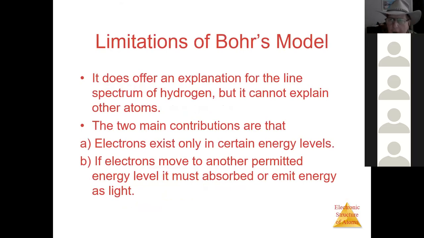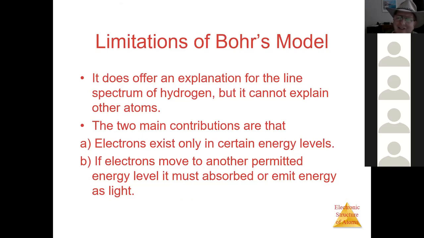Now, Bohr's model worked well for about 2 years. Then they started to see that this doesn't really work. For one thing, he could only get it to work for hydrogen.